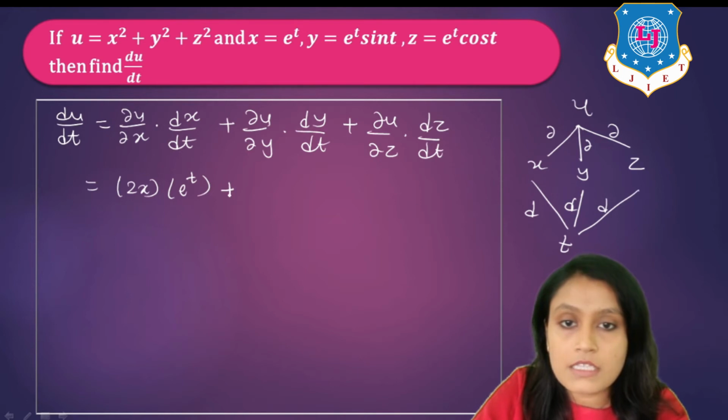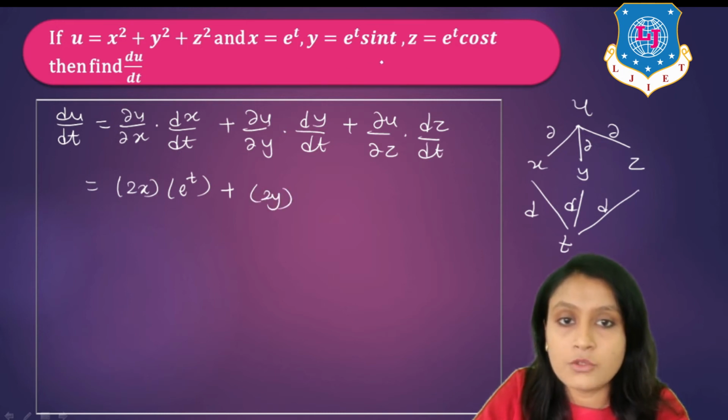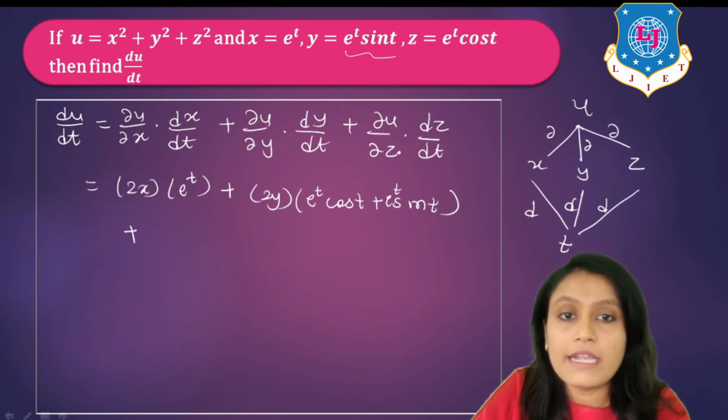Okay, plus, now derivative of u with respect to y, it is 2y, and derivative of y with respect to t. So here we have to apply uv rule. Okay, so you will get e raised to t. Derivative of sin t is cos t plus sin t as it is. Derivative of e raised to t is what? E raised to t. Correct? Plus, now del u by del z means derivative of u with respect to z.